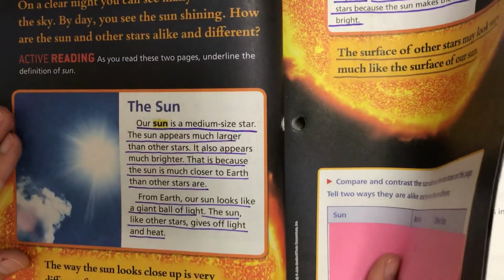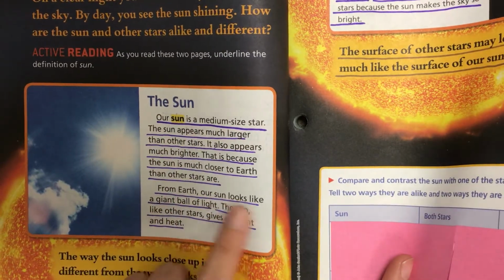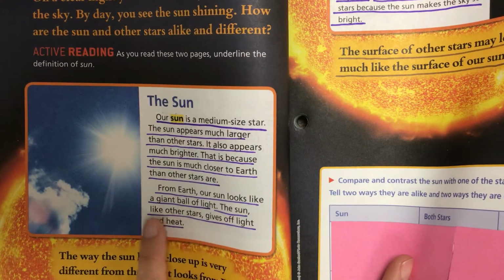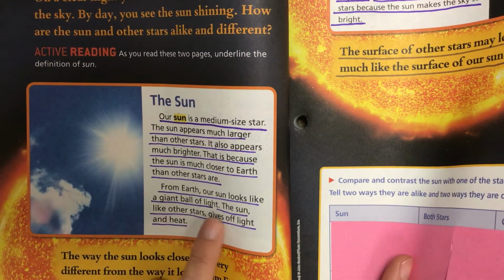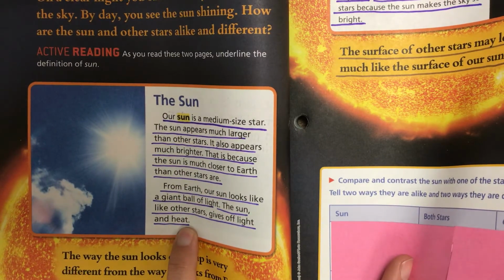And it says down at the bottom here, from Earth, our sun looks like a giant ball of light. The sun, like other stars, gives off light and heat.